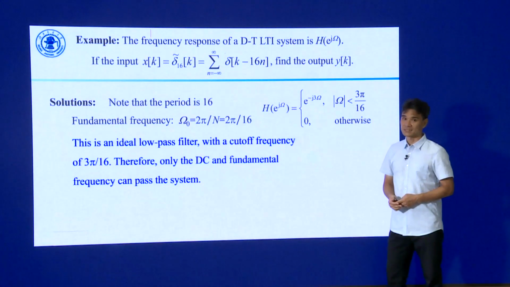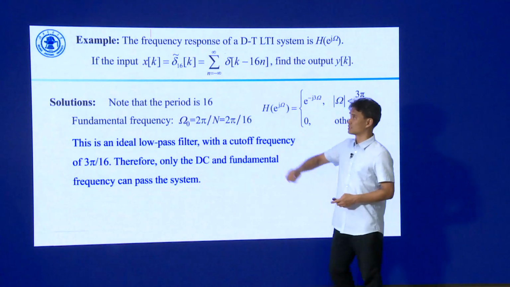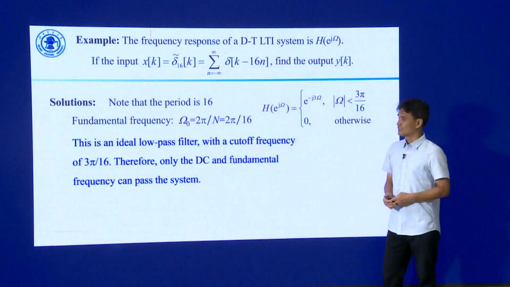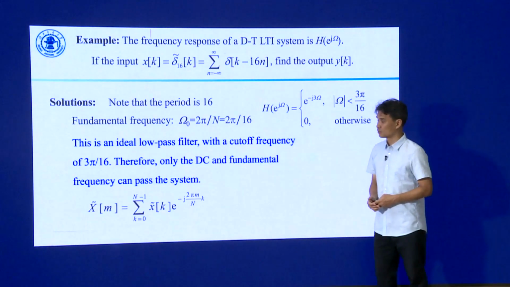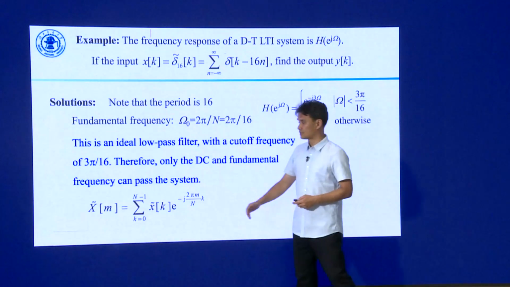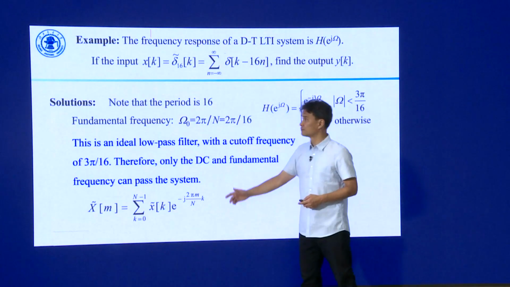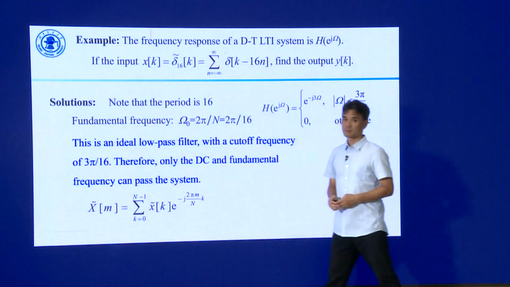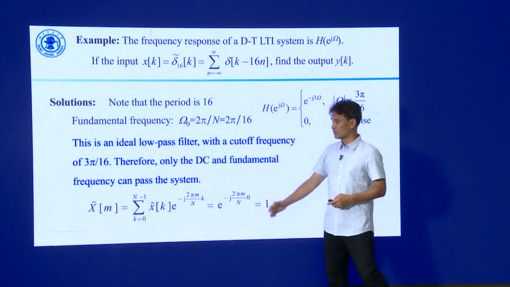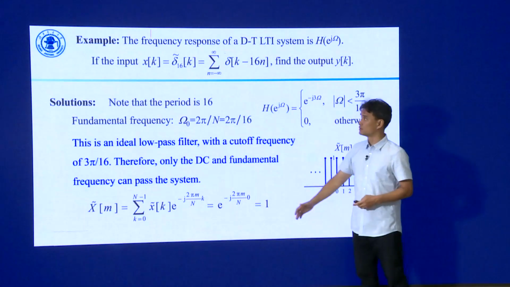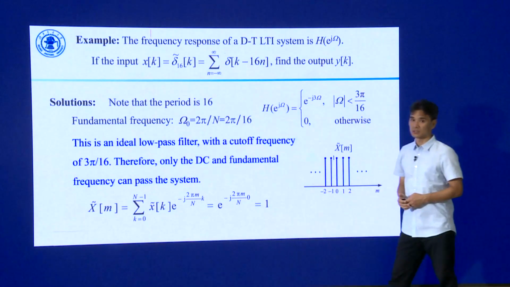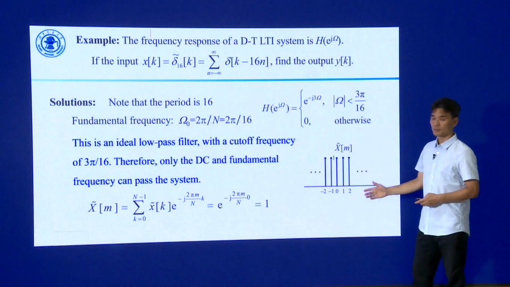Now we understand that the zero-state response of the system can be represented by a discrete time Fourier series. So we need to first figure out the Fourier series for the input signal. And that calculation is straightforward. The spectrum for the periodic impulse signal is constant.